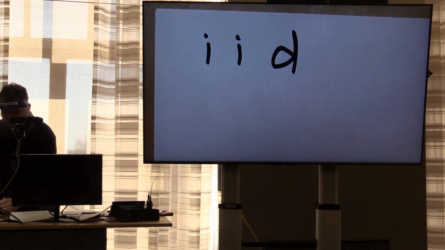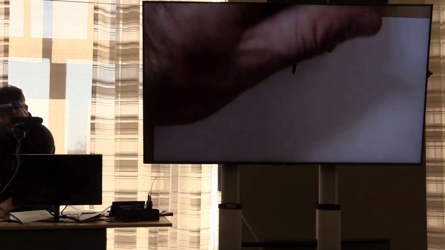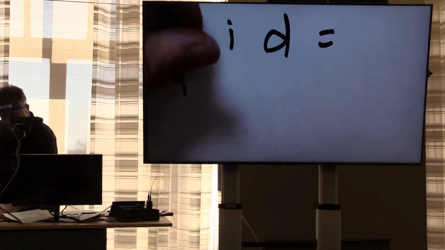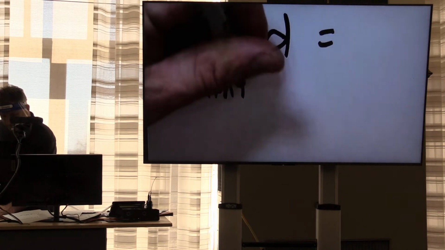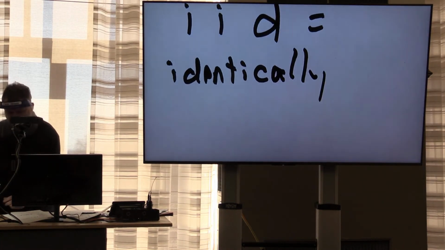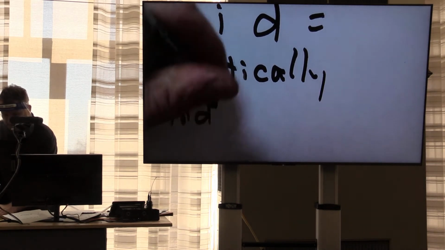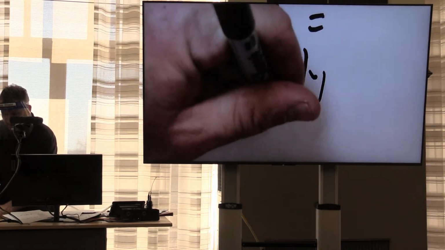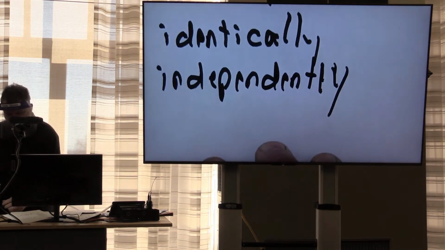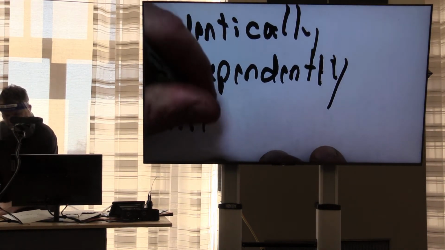The IID: identically, independently, distributed.